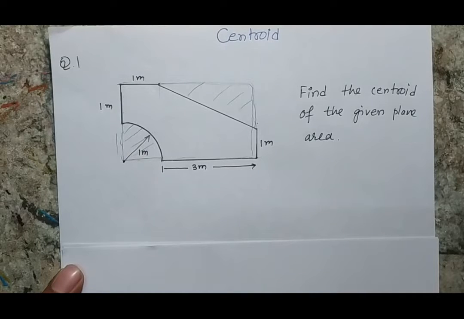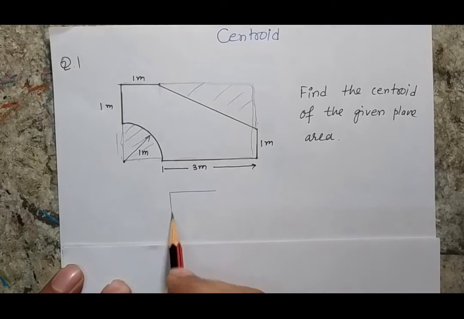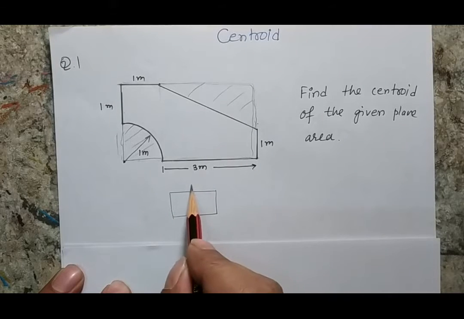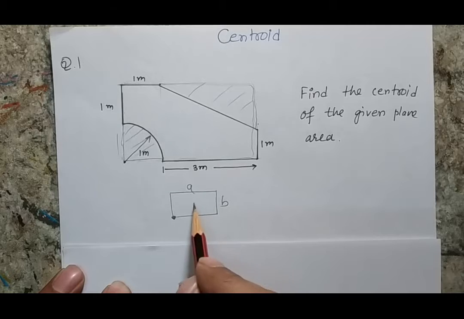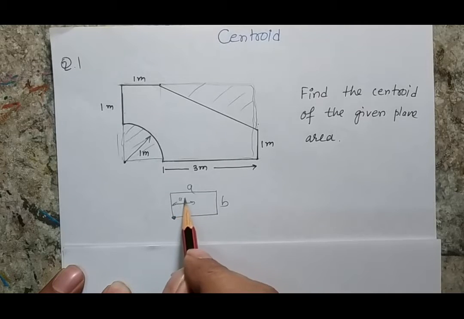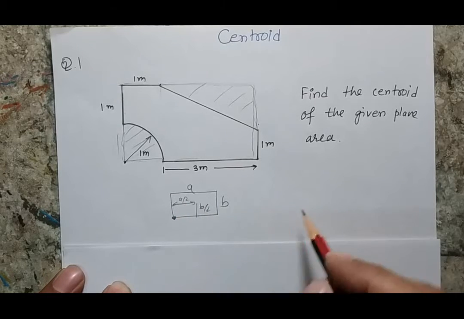And as I know that the individual centroids of all three sections are available to me, suppose there is a rectangular body of size A and B, and this is the reference point, I know that the centroid will be at the A by 2 and B by 2 position.